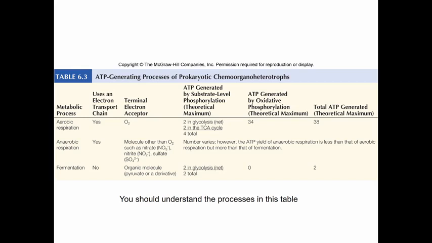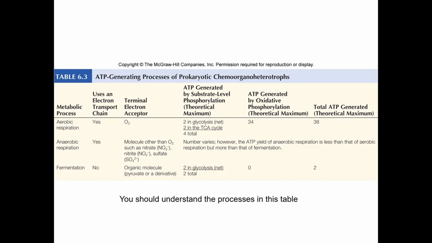Adding up your numbers. 38 is your theoretical maximum in aerobic respiration. It says theoretical maximum because organisms could decide, wait a minute, I need that enzyme over here, or I need this compound over here, and they make less than that amount. But 4 plus 34 gives you 38.